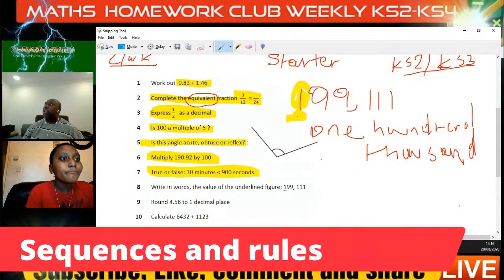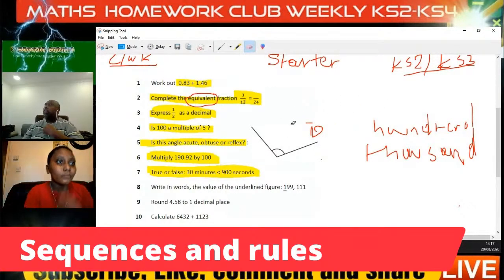So this figure here that is underlined is 100,000. So the number is read 199,111. The figure that's underlined is 100,000. Okay.